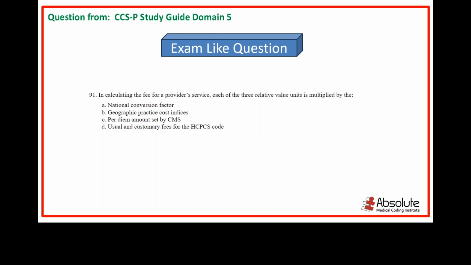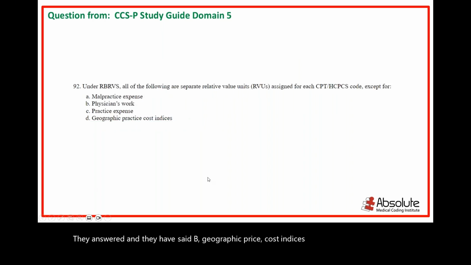And calculating the fee for a provider's service, each of the three relative value units is multiplied by that. They answered and they have said B, geographic price cost indices. Outstanding. All right.